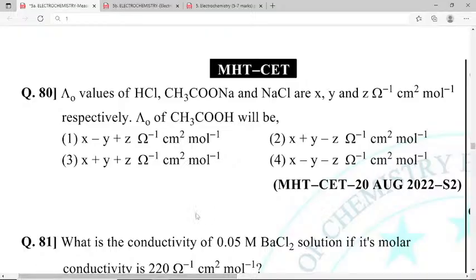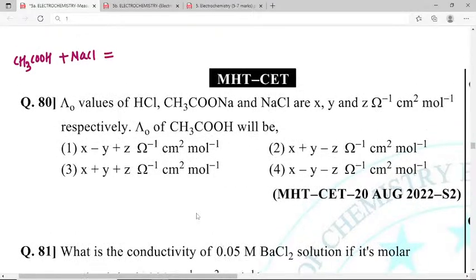Lambda naught of HCl, acetic acid, sodium acetate. Acetic acid value we have to calculate. CH3COOH plus NaCl is equal to CH3COONa plus HCl. So lambda naught of HCl and sodium acetate are all given, and acetic acid we have to calculate. So lambda naught of acetic acid, CH3COOH plus NaCl.